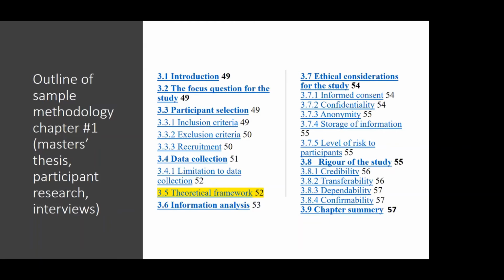about participant selection. So 3.3 might start off with telling us the number of participants that were interviewed or engaged with, possibly their gender breakdown if that's important, or looking at areas that they might have come from if that's important, age, demographic, anything that, chances are, you would have written on your ethics application.